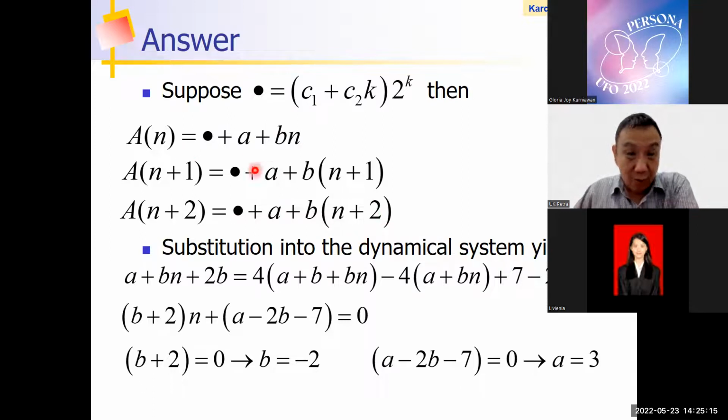Okay, so in itself this one is already another difference equation, right? So if you put it in, you will get this value. And if you solve algebraically, you will get b and a. So you solve the a and b by inputting this value.